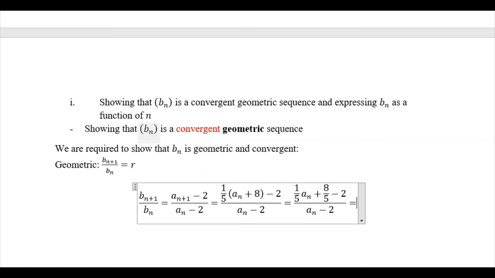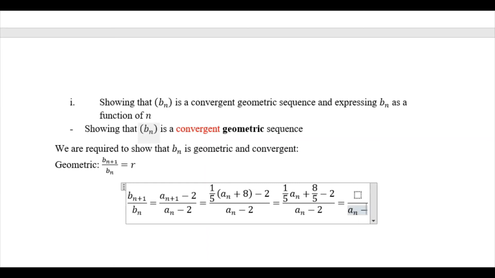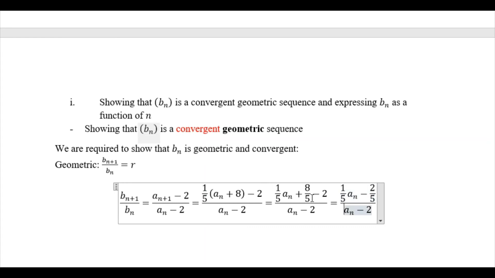Simplifying the numerator, you get 1/5 a_n, and 8/5 minus 2 is negative 2/5.